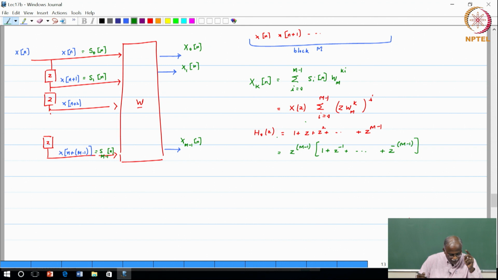If you now work out hk of z, it will come out, very interestingly, to be h naught of z W k. What happens when you have a delay chain and the transpose conjugate matrix?